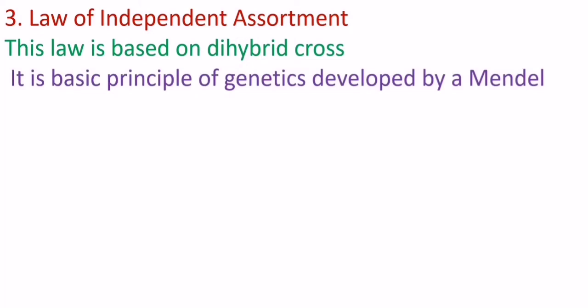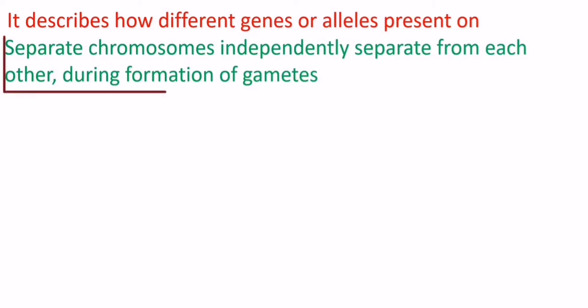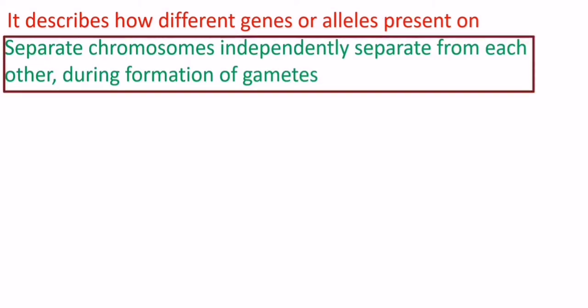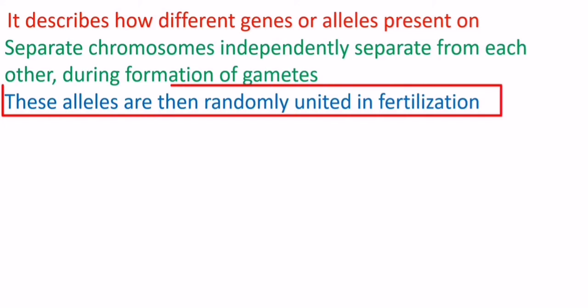It's a basic principle of genetics developed by Mendel. It describes how different genes or alleles present on separate chromosomes independently separate from each other during formation of gametes. These alleles are randomly united in fertilization.